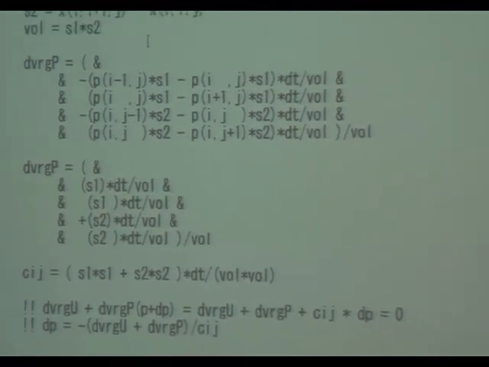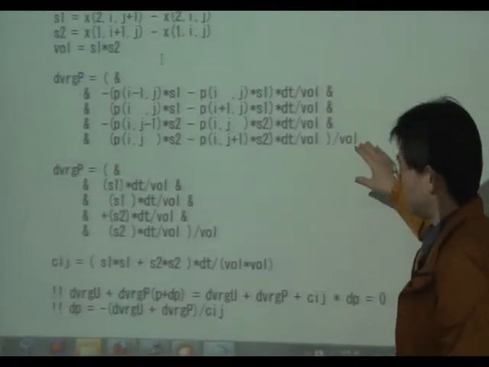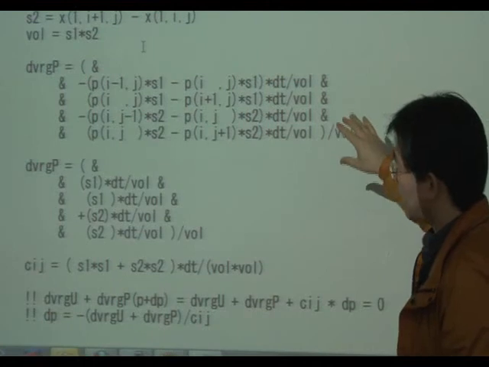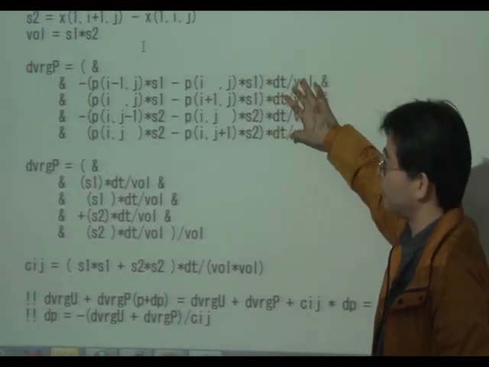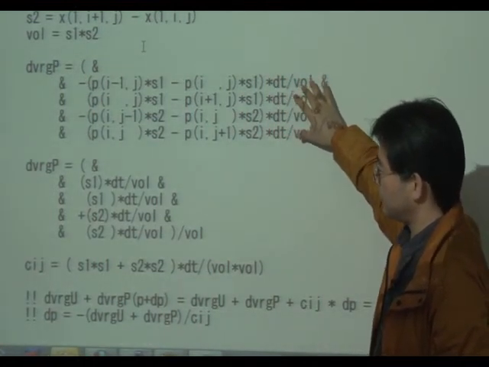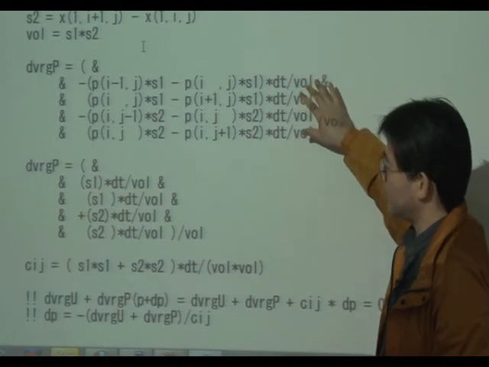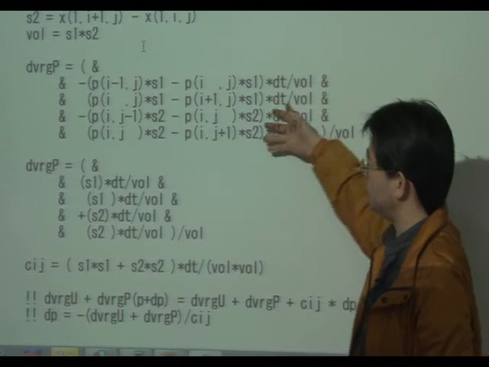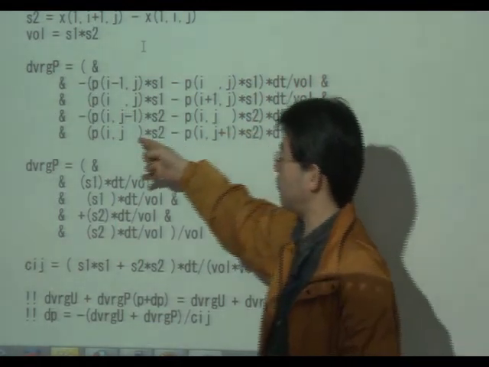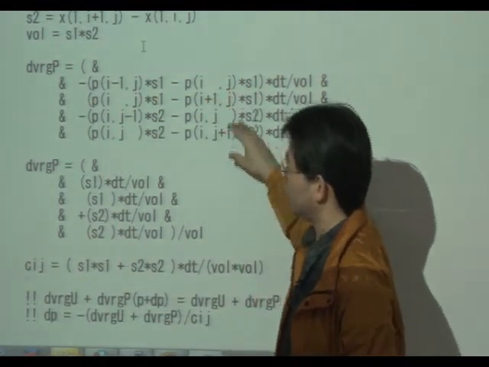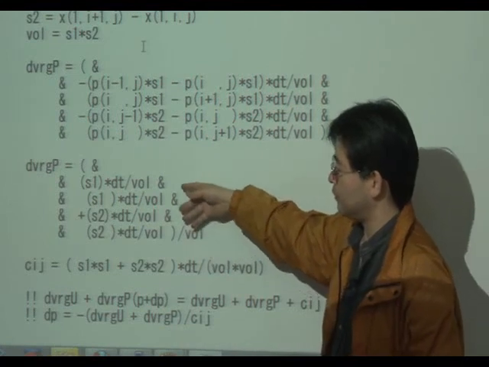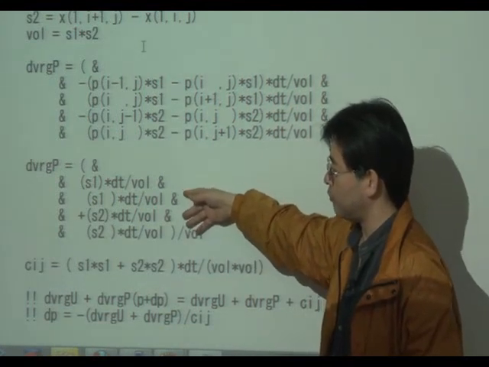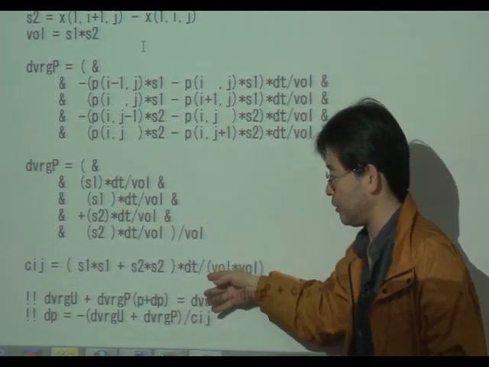What I did is to calculate divergence P numerically, and to get the exact coefficients of the influence of Pij in this form, we modified the programming code directly and obtained this one.